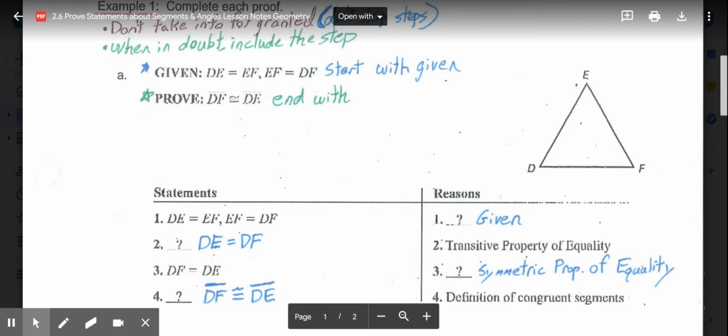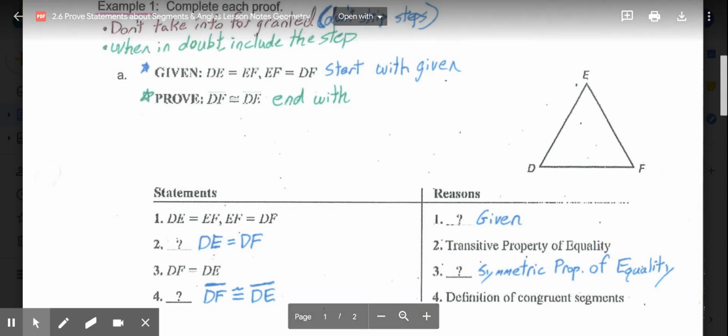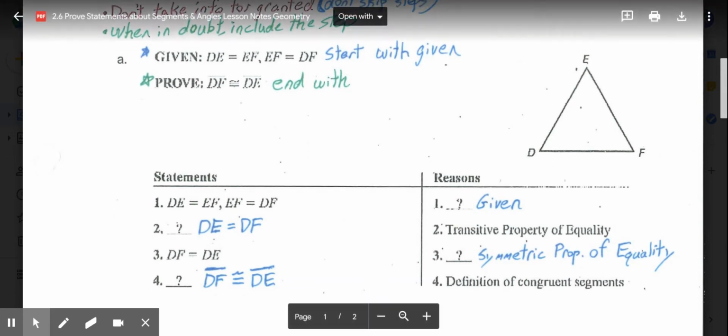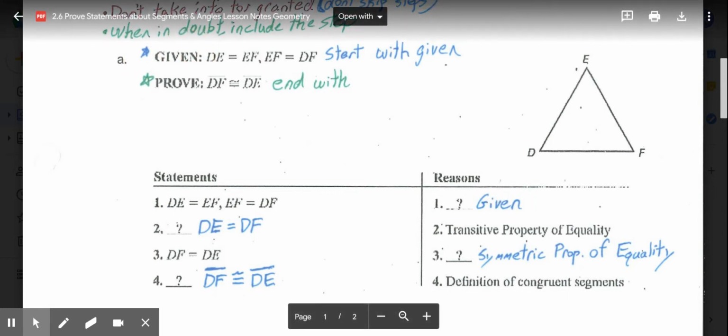The given statement is always going to be our first reasoning, and it says given the distance from D to E equals E to F, and E to F equals D to F. In our two columns, statements on the left, reasons on the right, the first numbered statement is our given. So the first reason that goes with it would simply be the given information. Any information that we are given, we assume is true for that scenario.